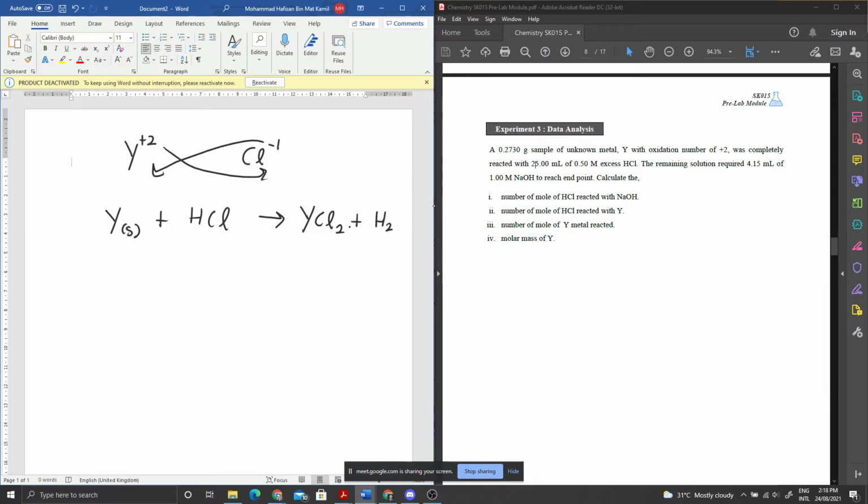So you buatlah dan cari the number of mole HCl reacted with NaOH. And then this one sama macam tadi, the first step is the standardization.